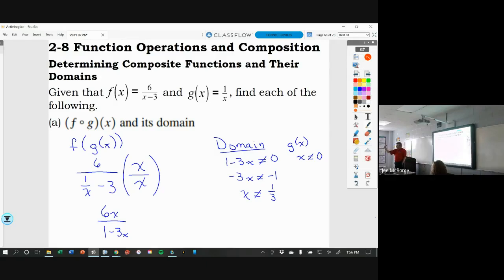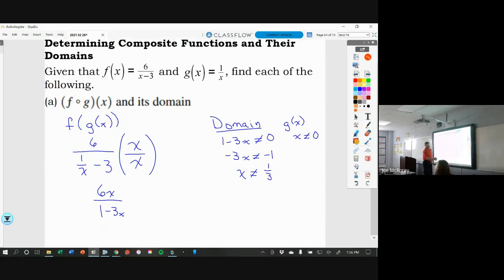It can't be 0, and it can't be 1/3. Those are the only 2 numbers that it can't be. So we need to write this in interval notation. Starts at negative infinity. And we're good until we get to 0. Parenthesis. Union.